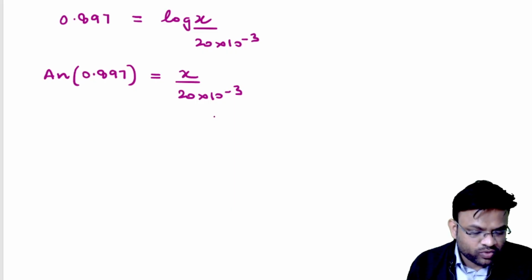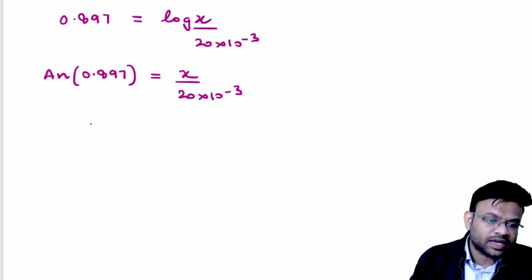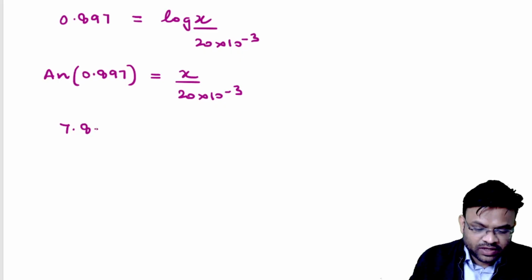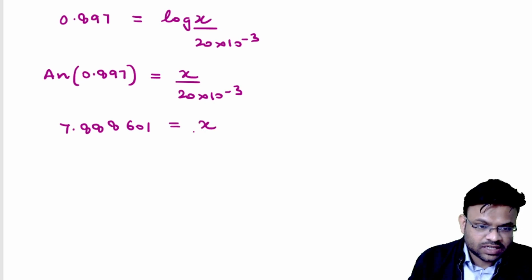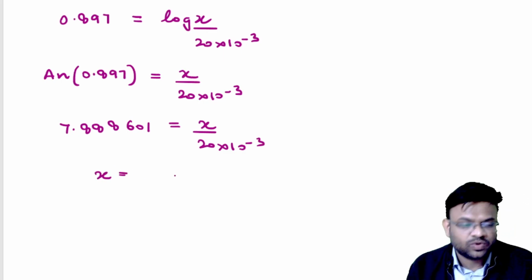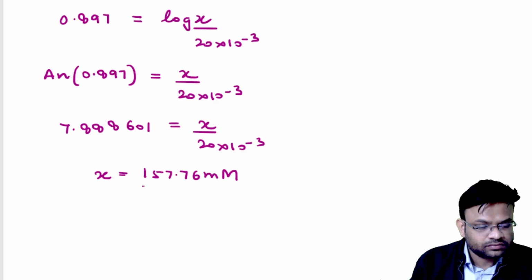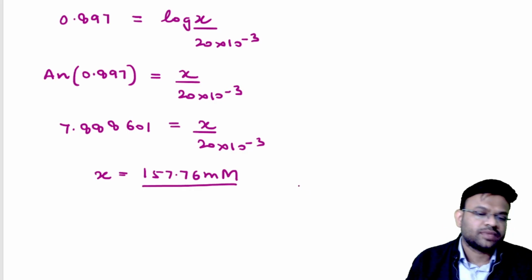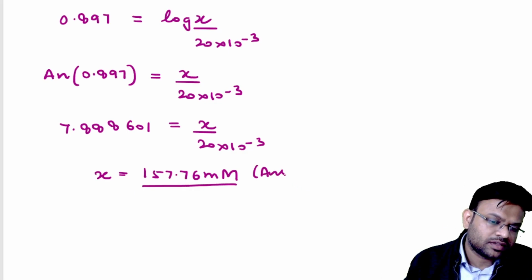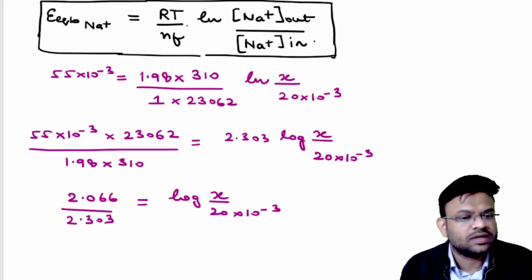The anti-log of 0.897 is 7.888601. This is equal to x upon 20 into 10 to the power minus 3. If you solve this, the x value comes out to be 157.76 millimolar. So this is the answer, and this is the formula that you would be using.